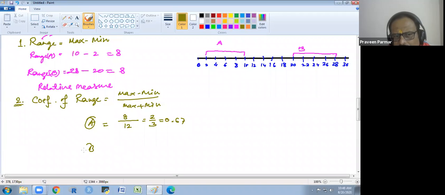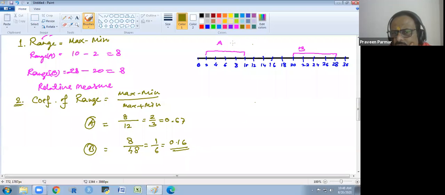And for B, if I measure it, 8 over 28 plus 20, 48. So 1 by 6. How much would it be? 0.16 or thereabout. Is it correct? Yes, sir.